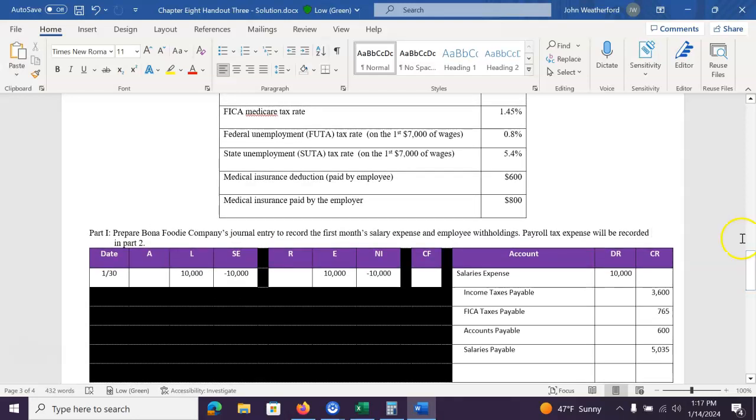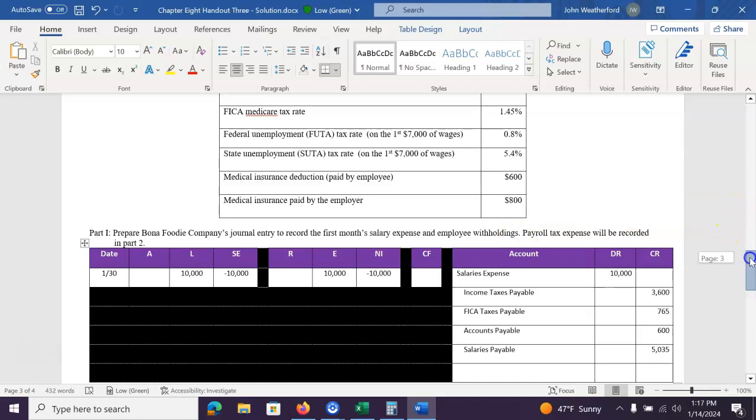You always have this bigger number to the left on the pay stub and this little more sad number over to the right. But anyway, we had expenses increasing here of 10 grand, which caused net income and stockholders' equity through retained earnings to both decrease by 10 grand. And in total, these four liabilities increased by 10 grand.